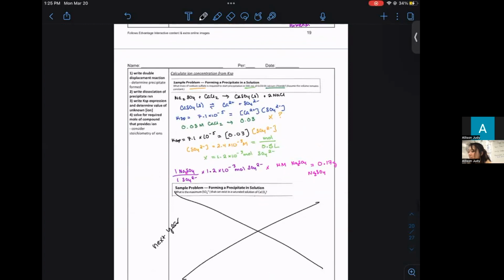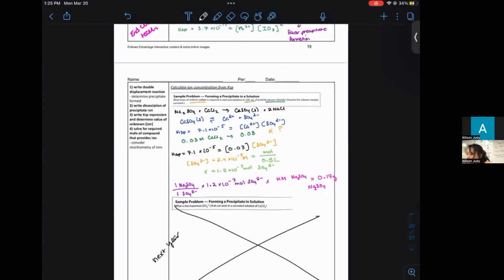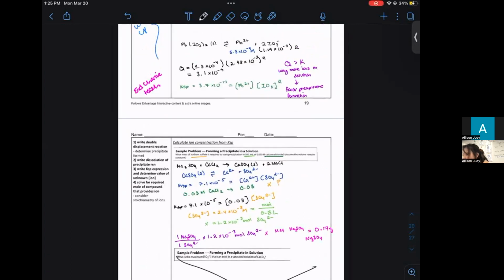That marks the end of the 3 types of KSP problems that are analogous to the 3 types of ice table problems for general K. The most annoying part about the KSP problems is all of this dilution stuff. You first have to identify the precipitate, which means you have to know your solubility rules to identify the solid that will undergo reversible dissociation.